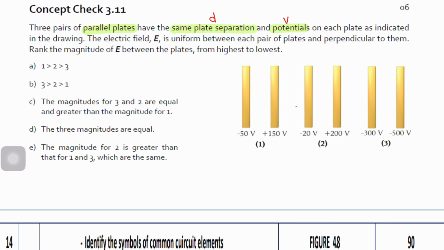The electric field is uniform between each pair of plates and perpendicular to them. Rank the magnitude. Focus on this point. Magnitude between the plates from highest to lowest.